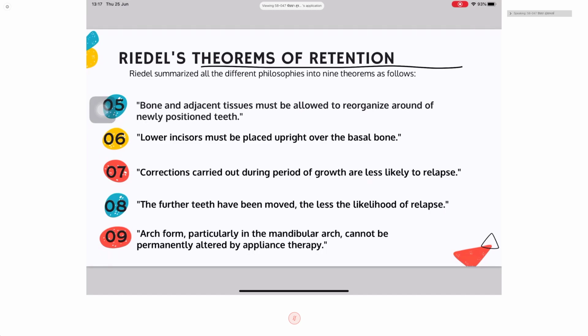Theorem 7. Corrections carried out during periods of growth are less likely to relapse. Early intervention is the norm of the day and has several advantages, like preventing progressive irreversible tissue damage, maximizing the use of growth with concomitant eruption or interception of malocclusion prior to excessive dental and morphologic compensation.